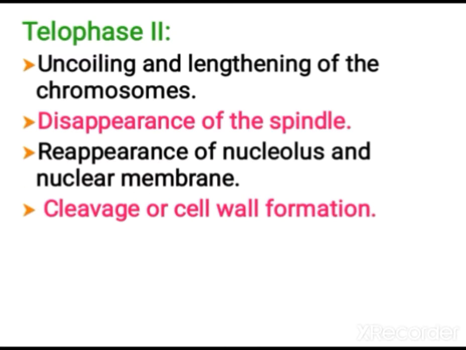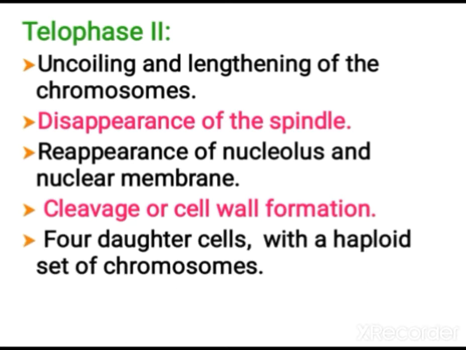Cleavage furrow formation occurs in animal cells, and cell wall formation occurs in plant cells. At the end, four daughter cells with a haploid set of chromosomes are formed.